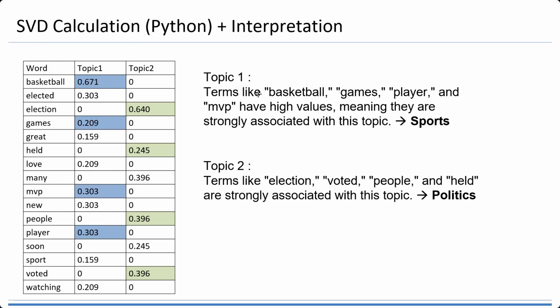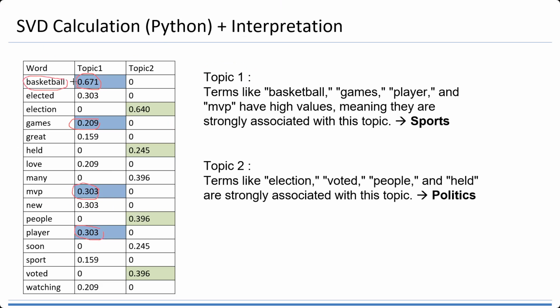Why? Let's see. The terms like basketball, games, player, MVP are just more dominant compared to topic 2 for these words.